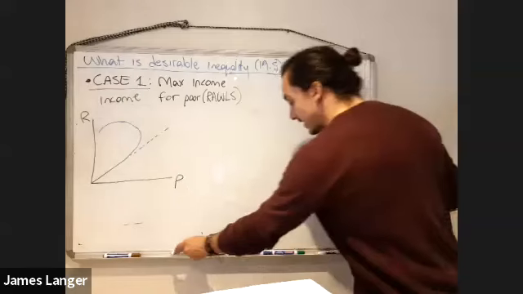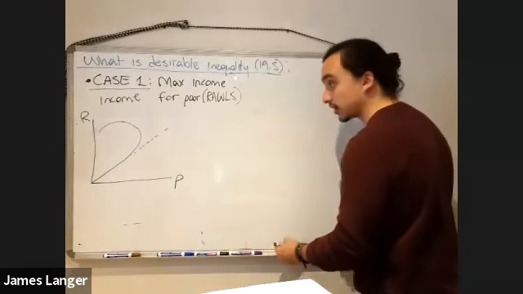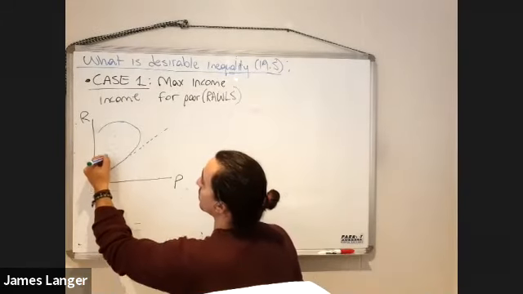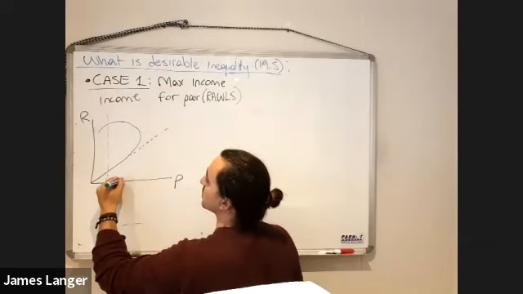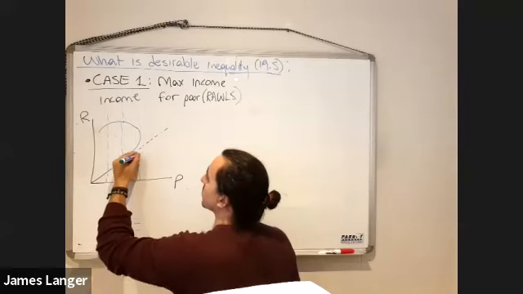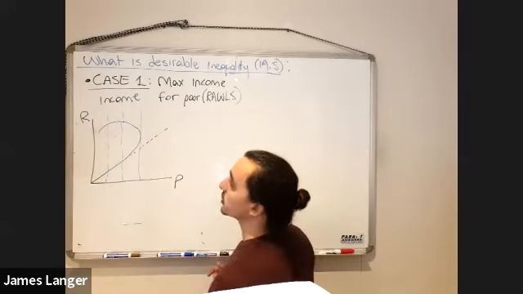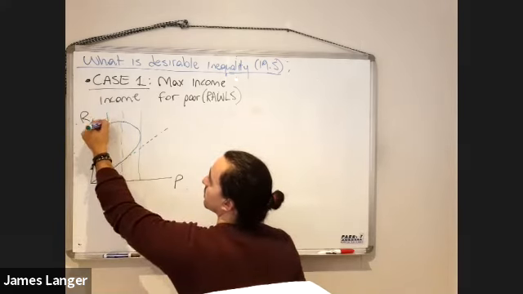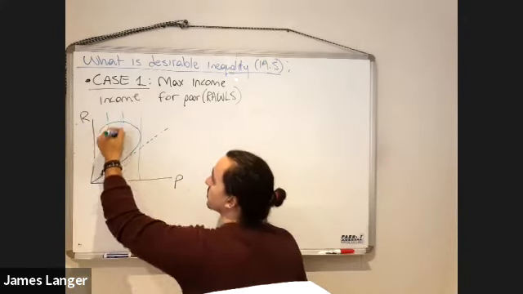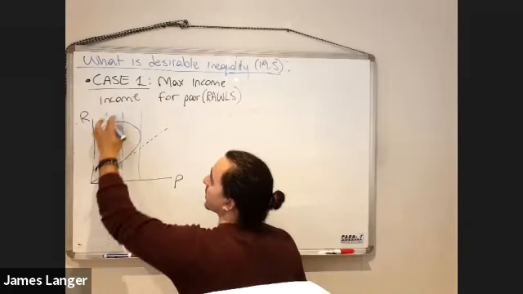Well, if I now plug in my indifference curves, like I usually would, we've got the different indifference curves. Remember, the point is always to reach the highest indifference curve.